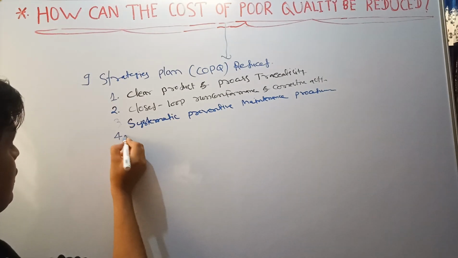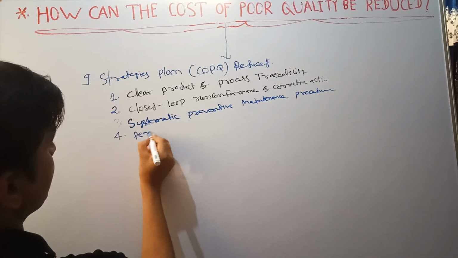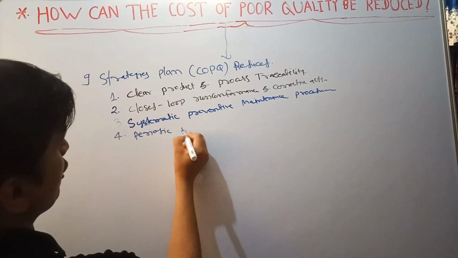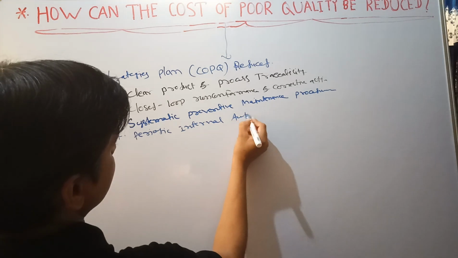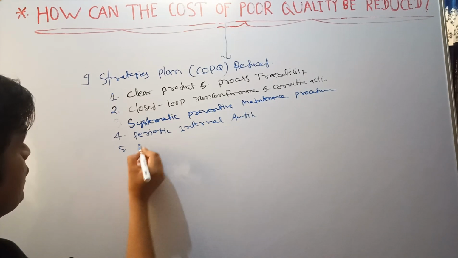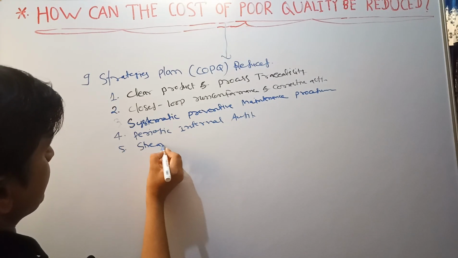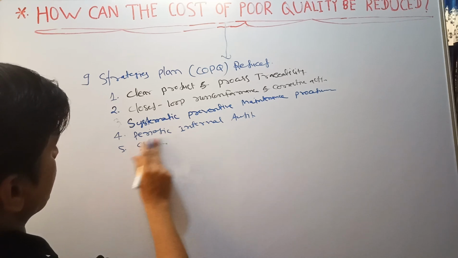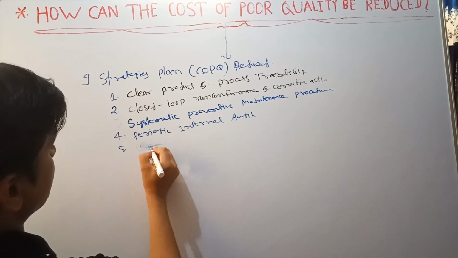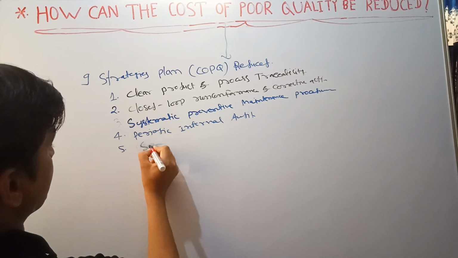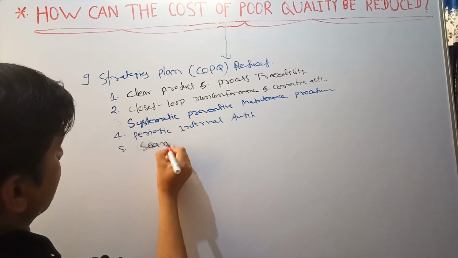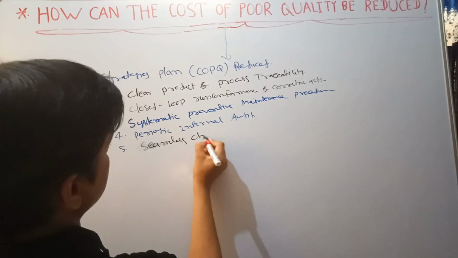And the fourth is a periodic internal audit. And the fifth is a seamless change management system.